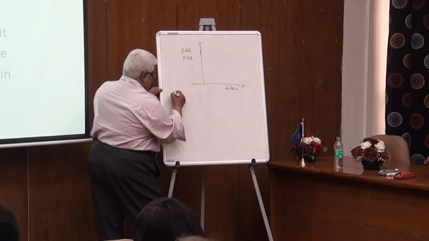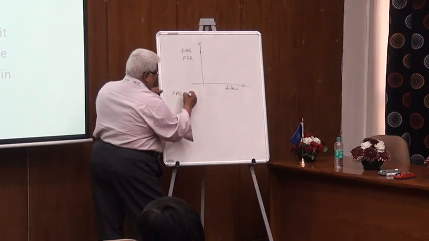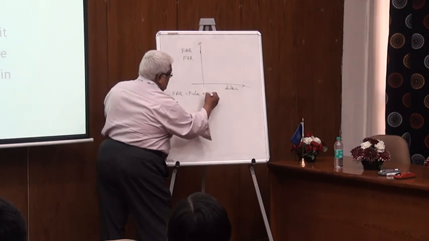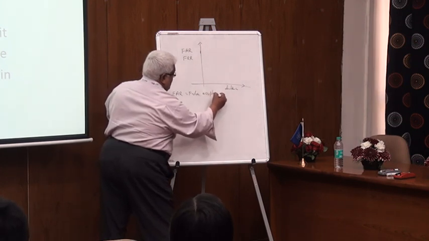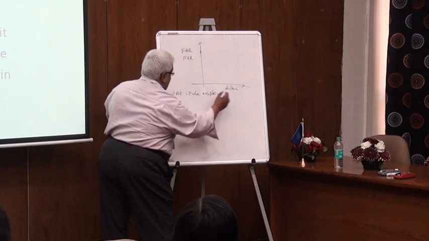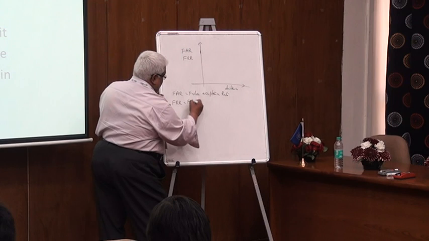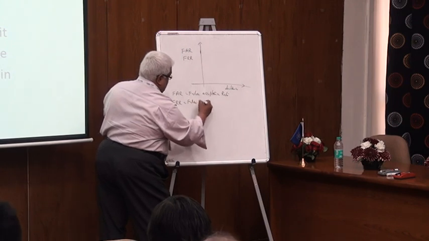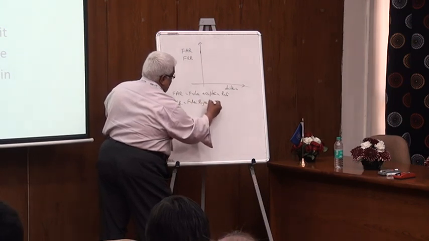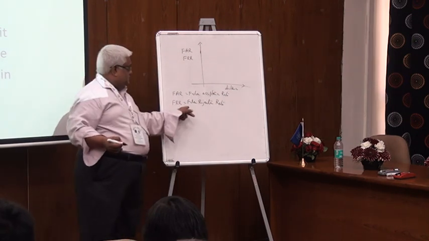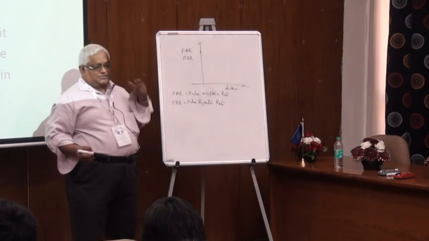FAR means false acceptance rate. FRR means false rejection rate. Let me first talk about what FRR means, false rejection rate.